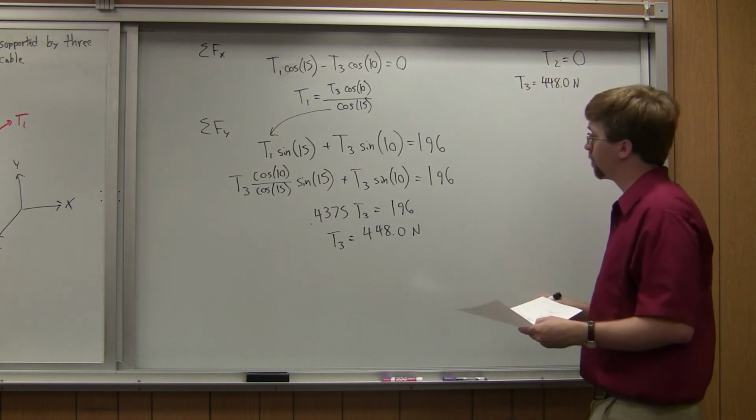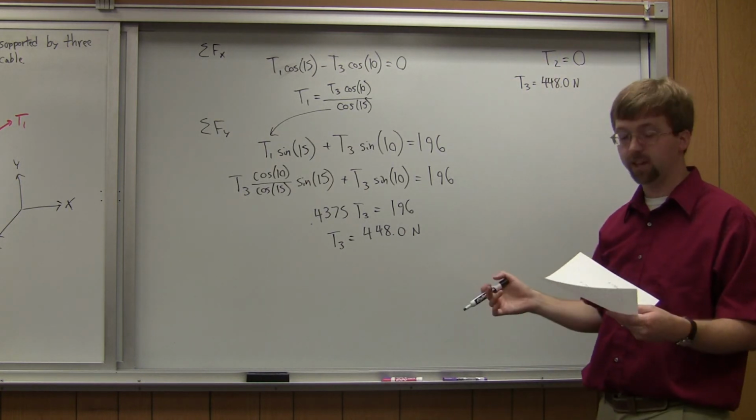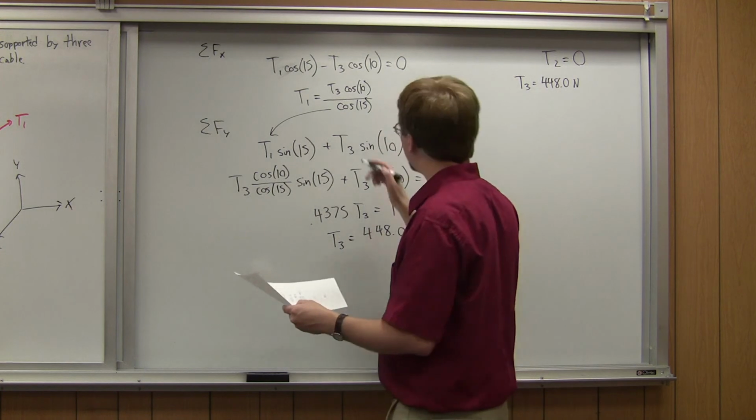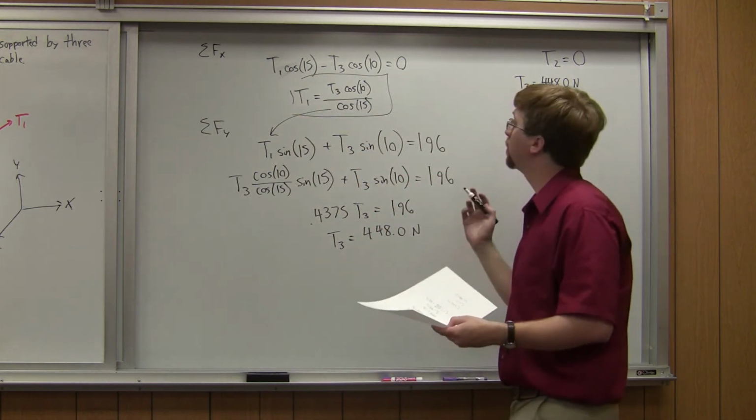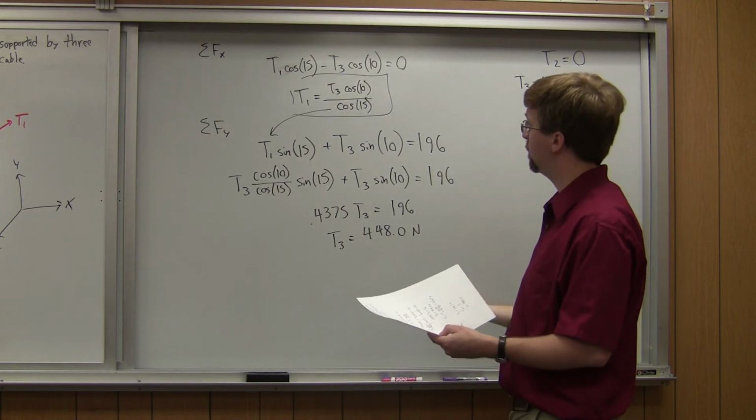All right, so one last thing I need to solve for, T1. So T1, I can use this equation here, will be equal to T3 times the cosine of 10 over the cosine of 15.